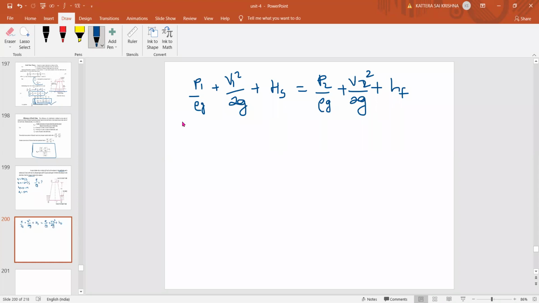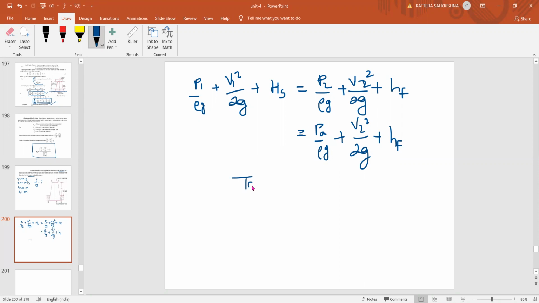And one more thing we need to do is, instead of P2, we need to take the atmospheric pressure head, that is PA by rho g, plus V2 squared by 2g plus HF. This is the same condition we can apply. Since he has not given any atmospheric pressure values here, I'm taking atmospheric pressure head as 0.